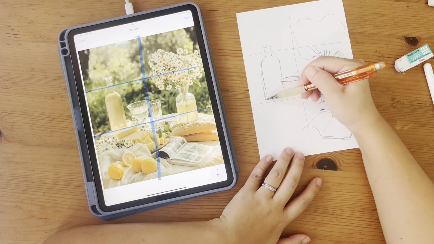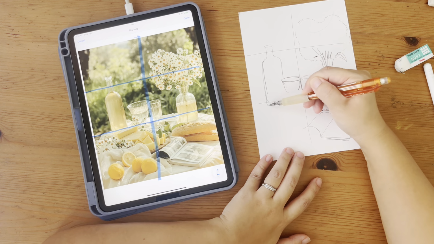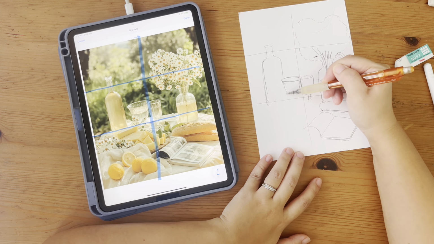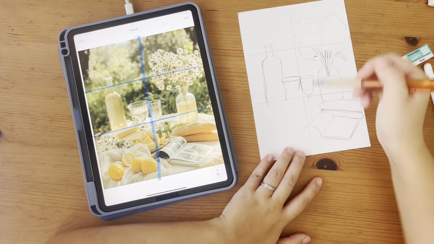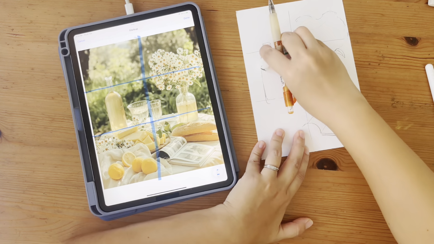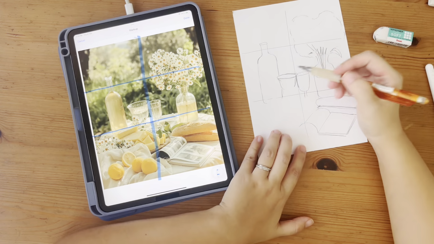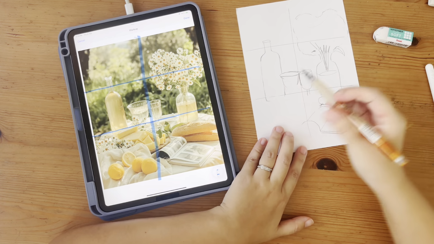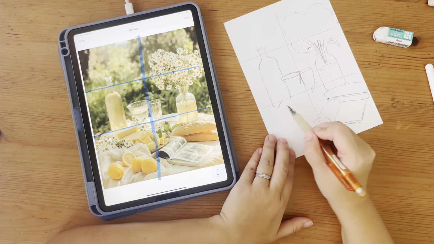So this wine bottle is much taller. So with our grid lines, it takes the guesswork out of the picture. We know exactly where things start and end and where things went wrong.